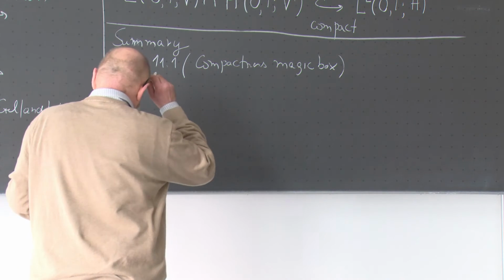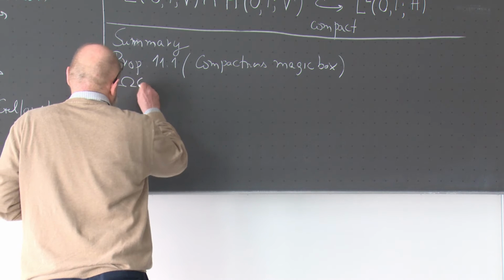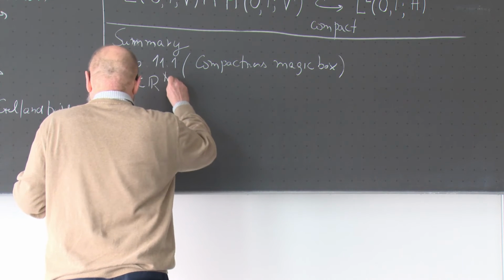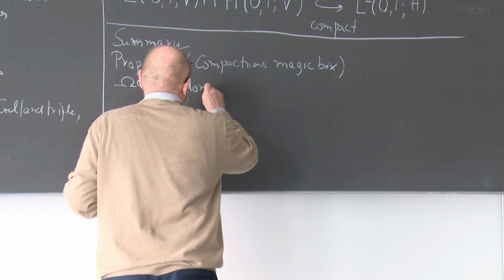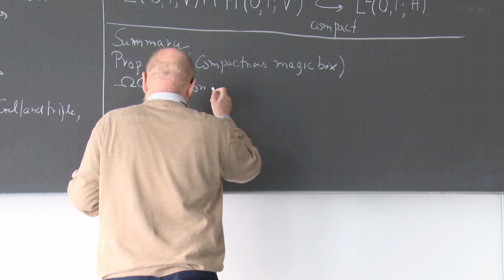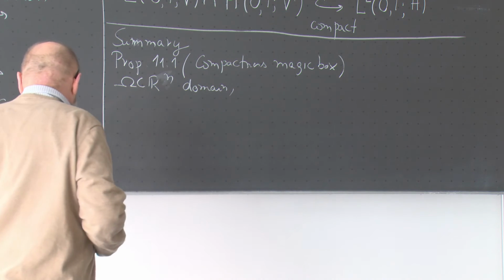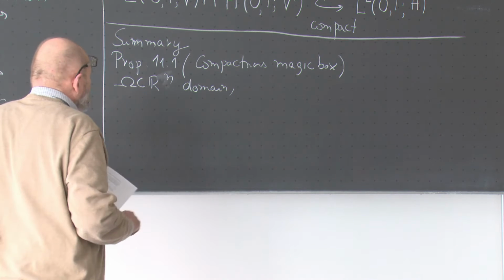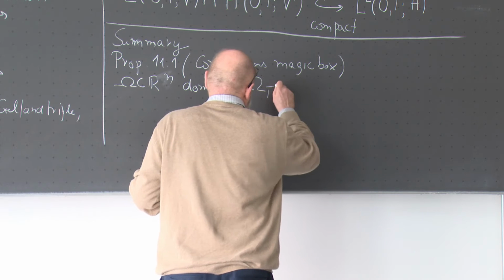Now we apply the whole thing. So what do we have? We have our domain Omega in R^n, our bounded domain. Let's assume that boundedness is included in the domain. We have our time interval, and we have our space-time cylinder.